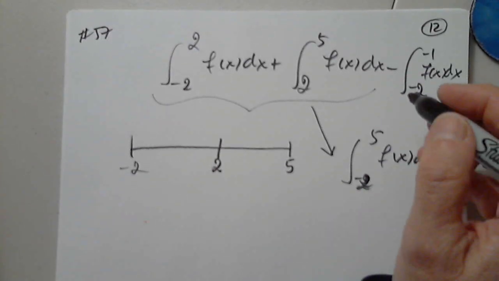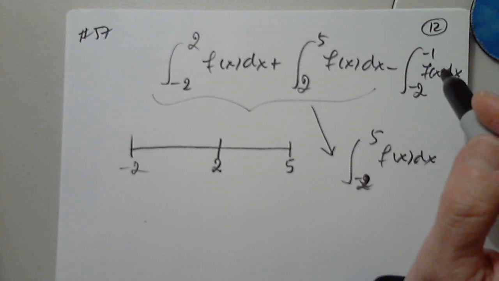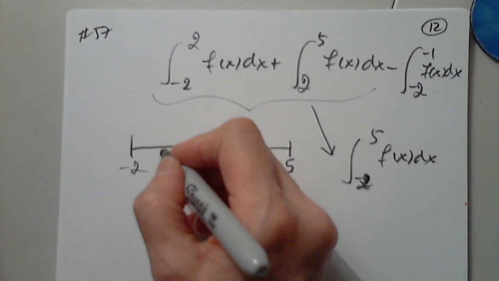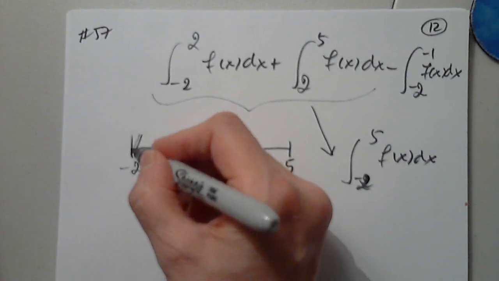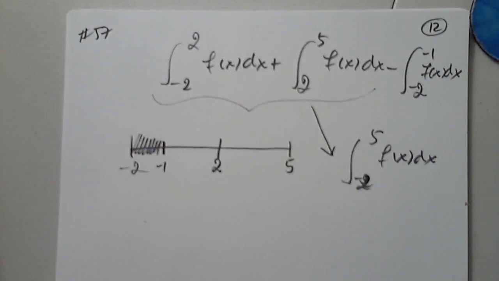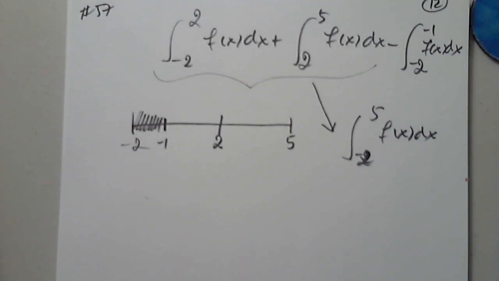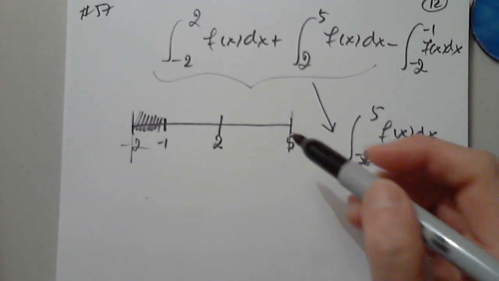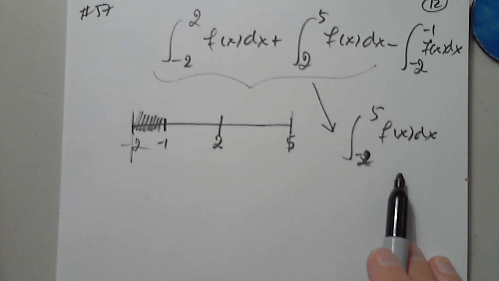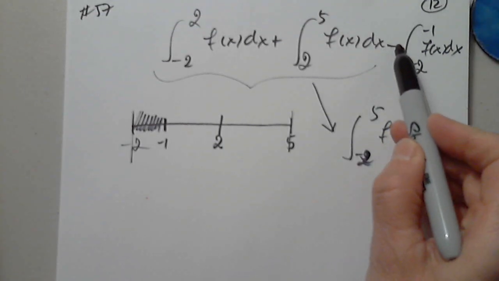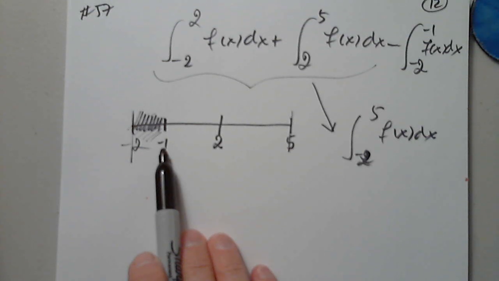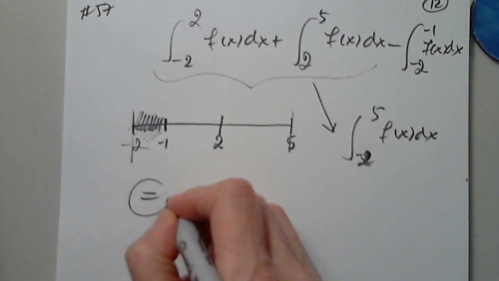But now they're asking us to subtract the integral on the interval -2 to -1. So when I add these two, I get the integral from -2 to 5. But now they want us to subtract this integral between -2 and -1. So what will be the final answer?